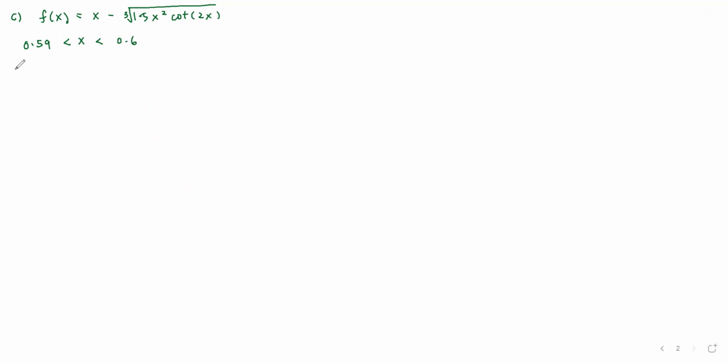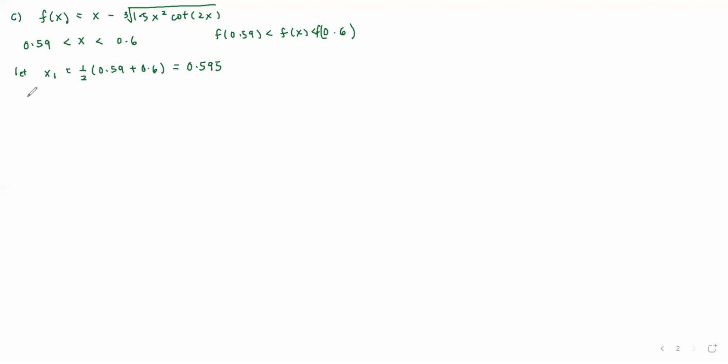So for the first iteration, we let x sub 1 be the midpoint of 0.59 and 0.6. So that would be 0.595. And just now we know that f of 0.59 is less than f(x), which is less than f of 0.6.